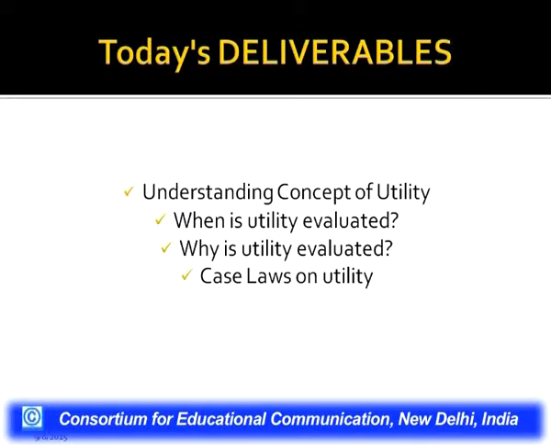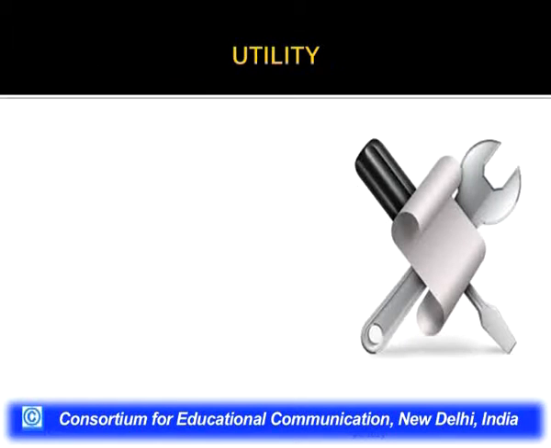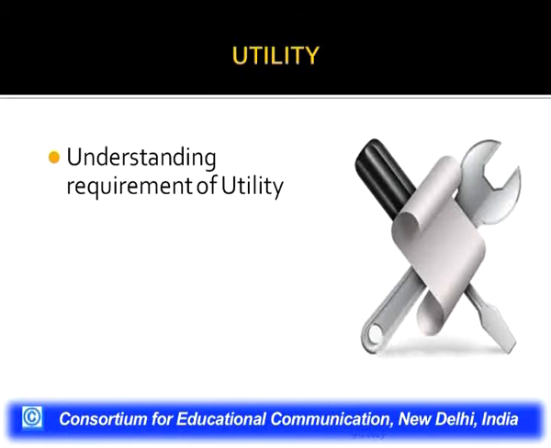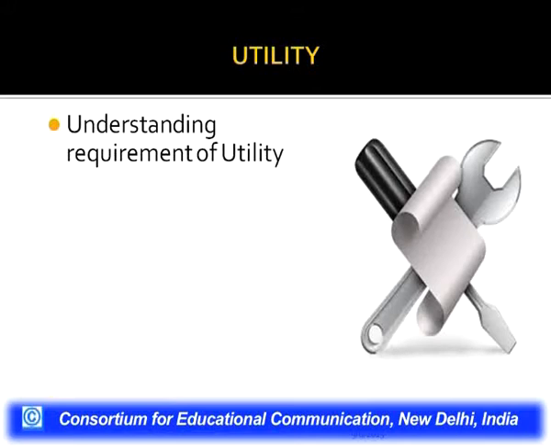Well friends, let us start with the very first thing, which is understanding the concept of utility. Friends, this requirement of utility is very important to be understood by a person engaged in the business of obtaining a patent, or engaged in any kind of work which he or she thinks can become eligible for patent protection.